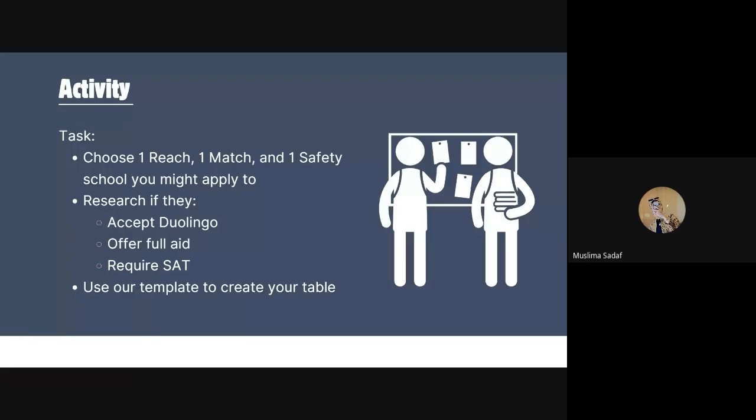The third is the University of Alabama in the USA. They require the SAT as well, and the acceptance rate is 80%.